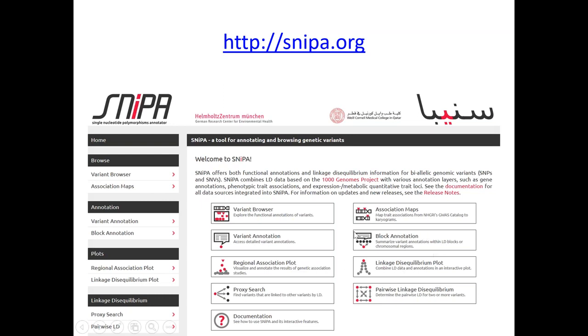The tool I really like on this server is the block annotation. In practice, you go to block annotation, you take a genetic variant from a new GWAS that you may have run, you paste it there, you run it, and it tells you everything that may be of interest, also below the Bonferroni level, in terms of metabolomics, expression level, regulation, and GWAS on these variants. So it's really a very nice tool to annotate intermediate phenotypes to GWAS.